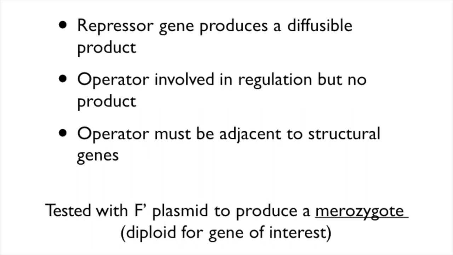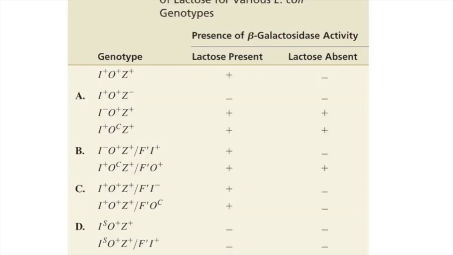Maybe it's the repressor protein, maybe it's the operator, maybe it's Z, Y, or A. So they created these F prime cells and ran some tests to see whether these cells produced beta-gal when lactose was present or absent.